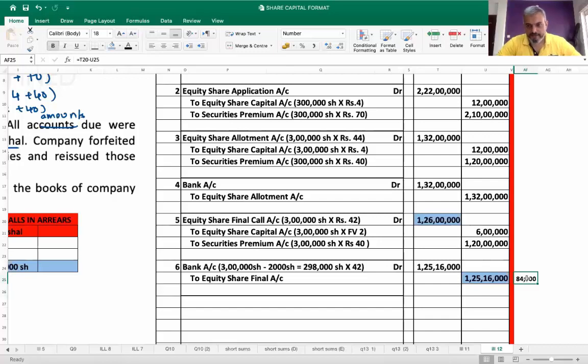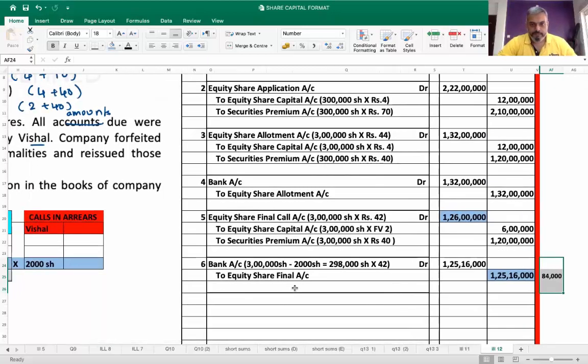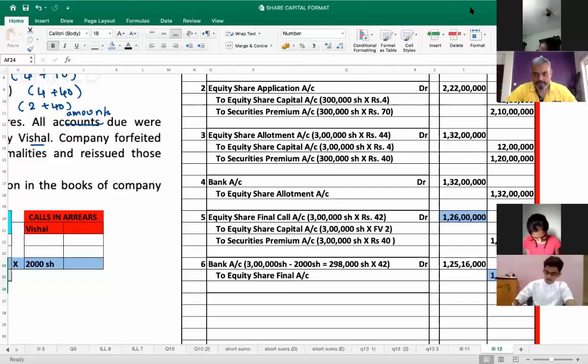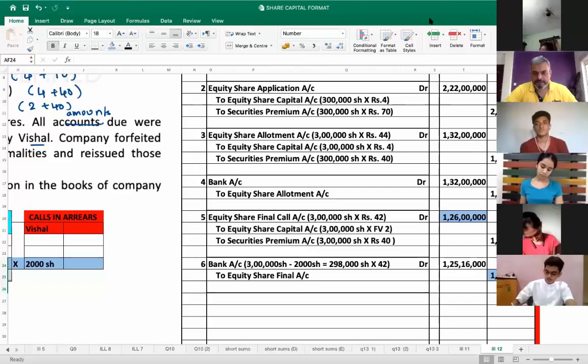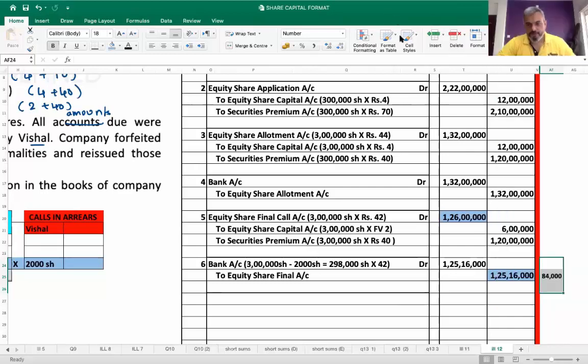You don't have to write this, this is just for your knowledge कि इतना debit balance है. यहाँ तक हो गया सबका. Okay, now entry for forfeiture.